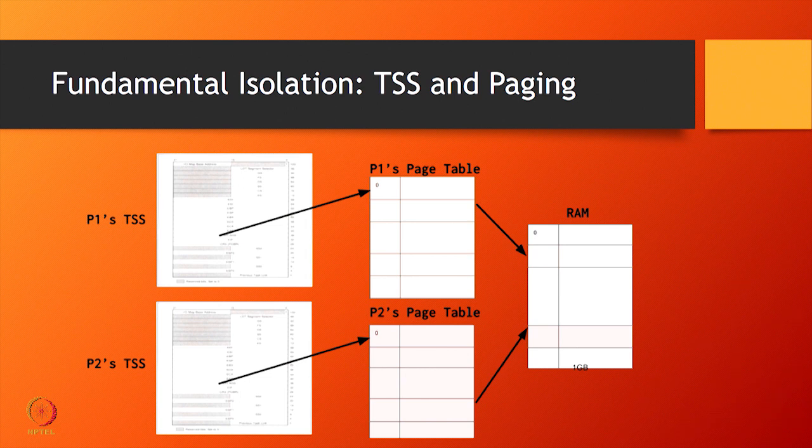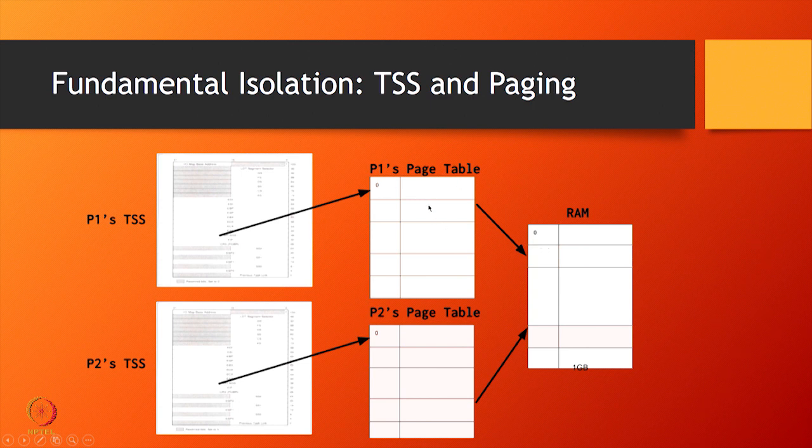We have described that in the Information Security 2 course, and I am again repeating that. Every process will have its own page table. What will be stored in that page table? For the different pages that are going to be allocated to this process, the page table will have the corresponding entry in the RAM. The page table is basically a translation from a virtual address to a physical address.